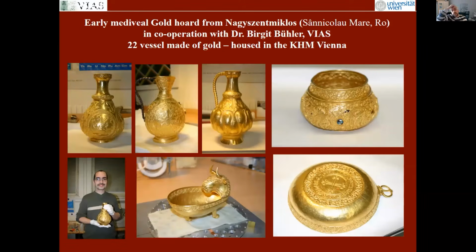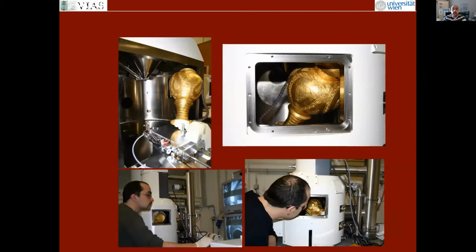Here, just to give you an impression, this was our most prestigious project, on the gold hoards from Nosza and Miklós. Birgit has already shown some pictures of it, and the question was to analyze the material and also to examine if there are certain technological connections. For that purpose, we brought this gold hoard to the laboratory, and as you see, it was a little tricky to bring all the vessels into the SEM, but it worked.